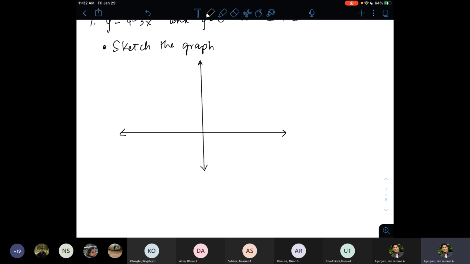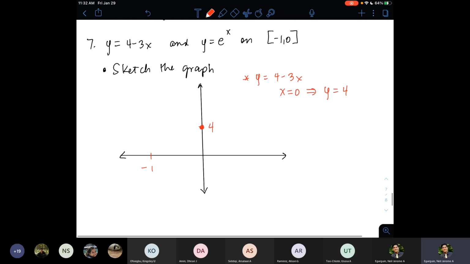Okay, let's sketch first the linear function, y equals 4 minus 3x. It's a line, so I simply need to get 2 points. When x is equal to 0, then y is equal to 4. So let's put 4 over here. That's my first point. And then maybe I'll start with -1 because we were told that the region will start from -1 until 0.